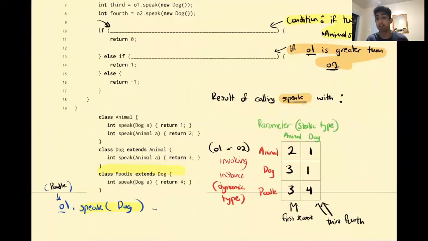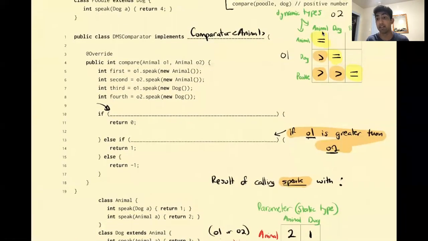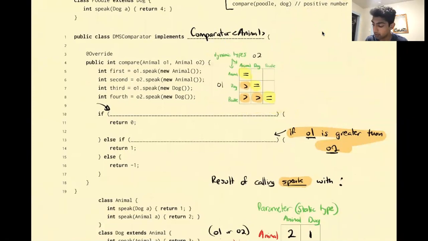And let's recall the first blank is the condition when the two animals are equal, right? That's this condition right here. So for the first blank, we want to deal with the cases of either animal, animal, dog, dog, or poodle, poodle, right? If we look at this table that we had from before, these are the cases that we want to deal with, the ones highlighted in yellow.